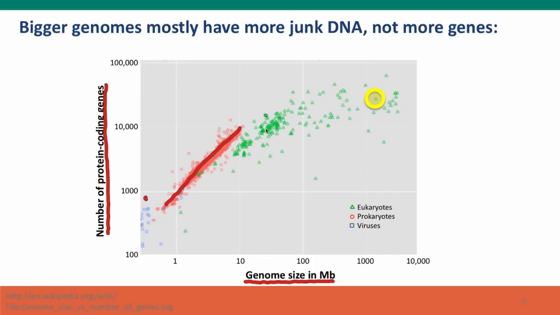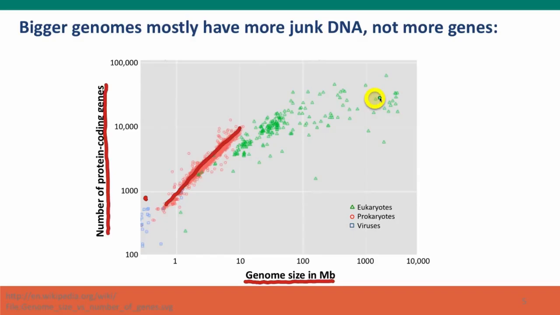Now we see a whole wide range of genome sizes from less than 10, almost down to 1 megabase, all the way up to 10,000 megabases, so that's 3 times as big as our genome, and less dramatic, but still dramatic differences in number of protein-coding genes.